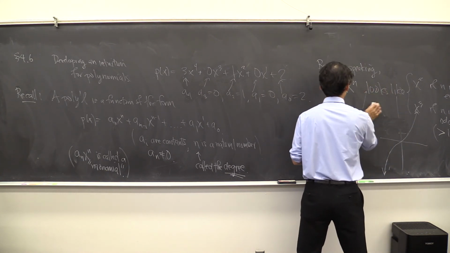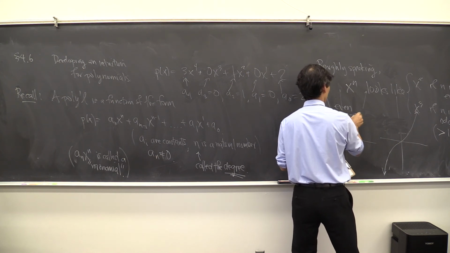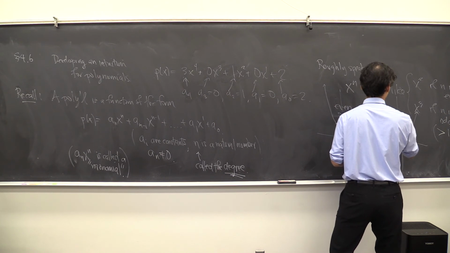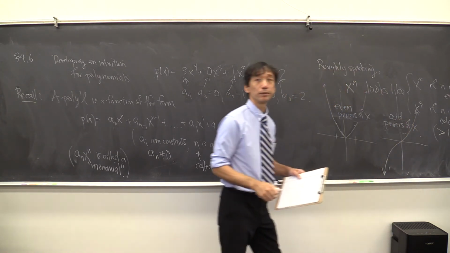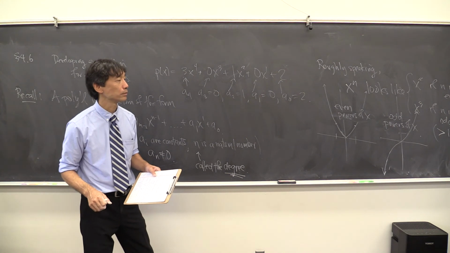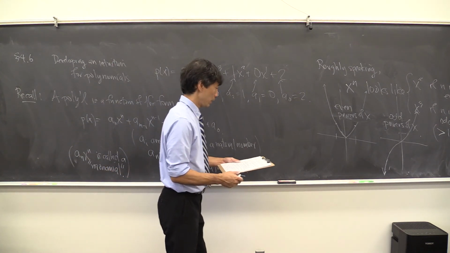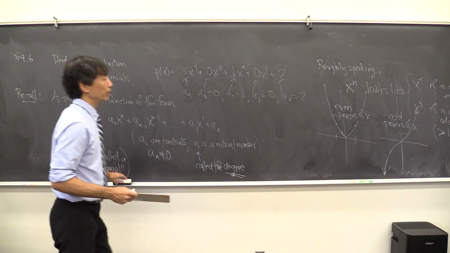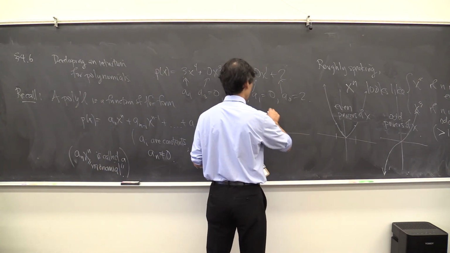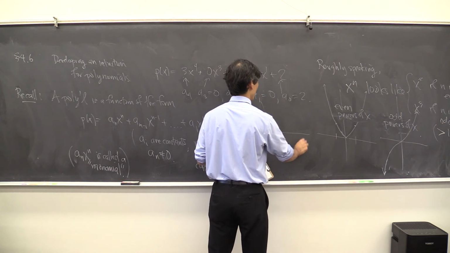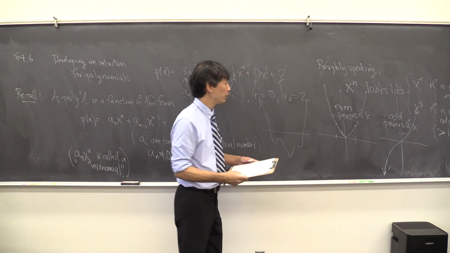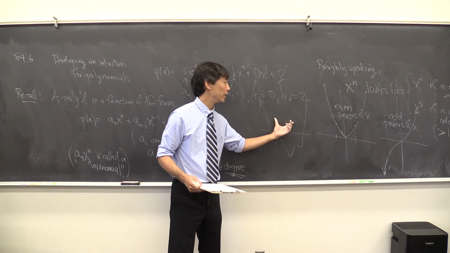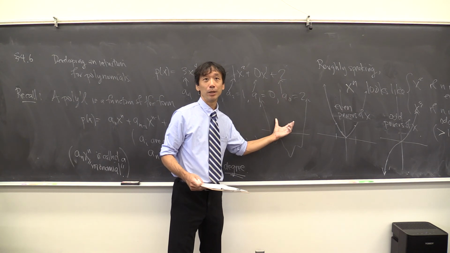So if you see a polynomial graph that looks like this, you can guess that the highest power is probably an even power.